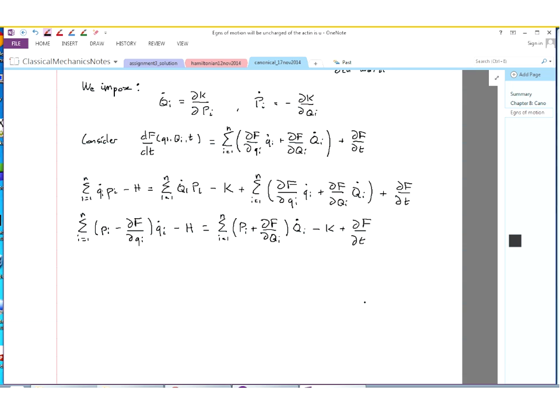So I want to make this true, and I want the transformation from the little q's to the big Q's, and the little p's to the big P's, to guarantee that this is true. Okay? So I can guarantee that this equation is true by imposing that this term is 0 and that this term is 0.